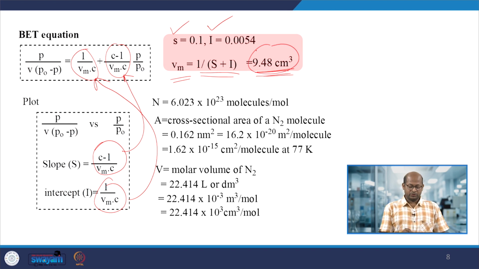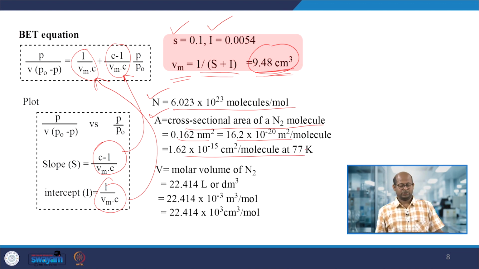Okay. So after that, N means the number of molecules per mole, for the case of nitrogen at that particular temperature. The cross-sectional area of one nitrogen molecule we can calculate by using some equations; that is the projected area. So for this temperature, that much centimeter square per molecule.